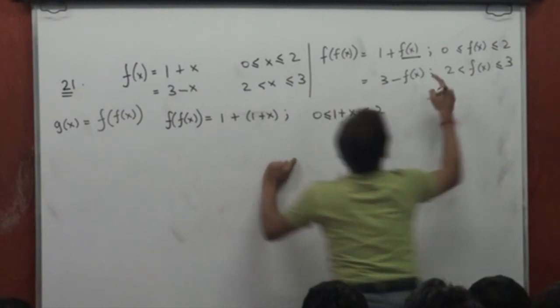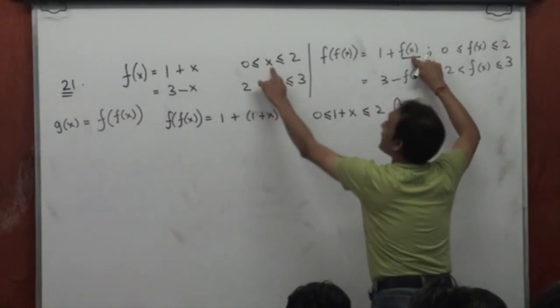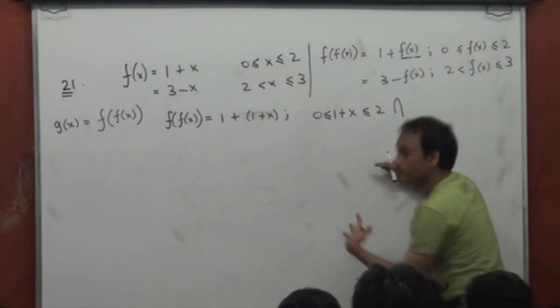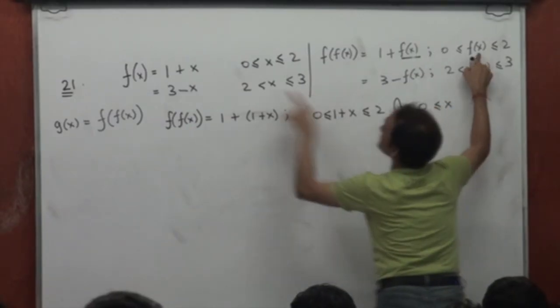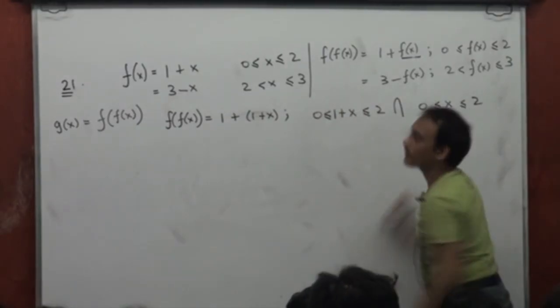Not only that, along with this, whenever you take f(x) as 1 plus x, x must also lie between 0 and 2. Because I've chosen f(x) as 1 plus x, so x must belong to this interval, right?